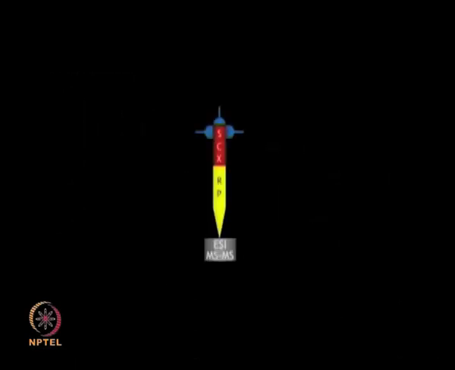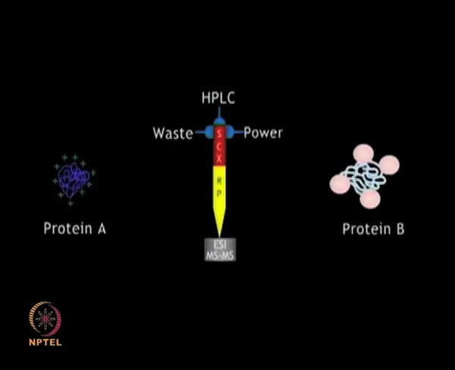Multidimensional protein identification technology, or MudPIT, is a widely adopted strategy that carries out two consecutive protein separations based on different principles, as shown in the animation here. Shown on either side is a protein with different properties.